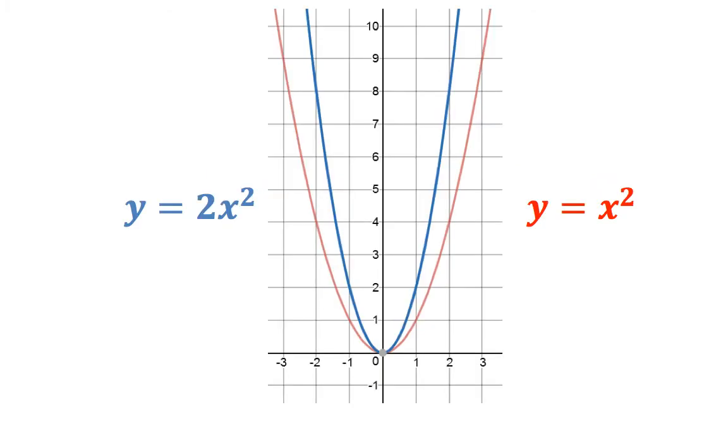The base parabola of y equals x squared is shown in red, and the newly transformed parabola of y equals 2x squared is shown in blue. The value of a is +2, which means it is being stretched vertically by a factor of 2. It is much more narrow than the base parabola.